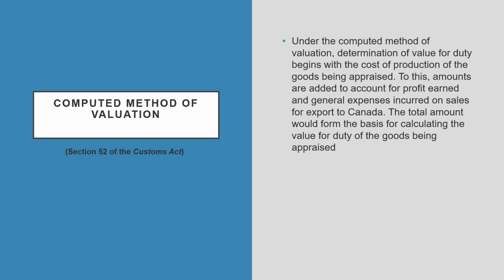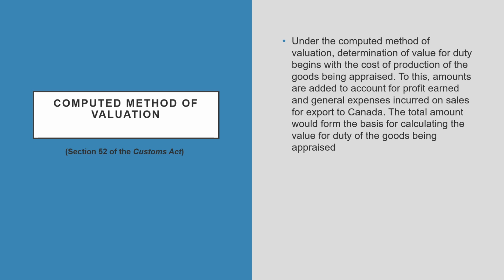The following method is called the computed method evaluation. Under the computed method evaluation, the determination of value for duties will start with the cost of production of the goods being appraised. To this cost of production, you will add the account for profit and general expenses incurred on sales for export to Canada, and then the total amount will be the basis for calculating the value for duty of the goods being appraised.